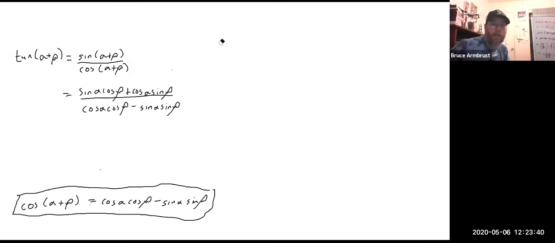But what I'm going to do here is I'm actually going to multiply the top and the bottom by 1 over cosine alpha cosine beta. So if I do that on the top, I got to do that on the bottom as well. So again, one of those really common tricks, the multiply top and bottom by the same amount.